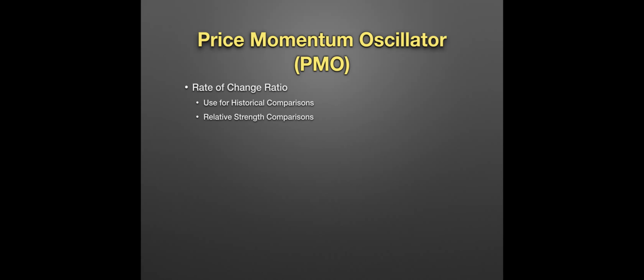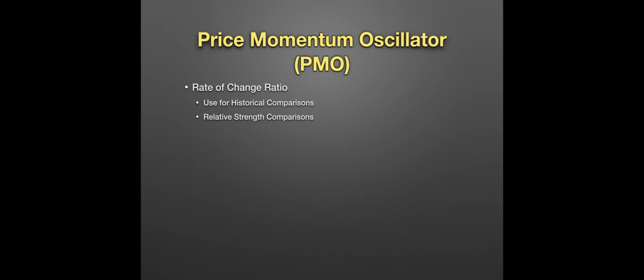One of the other things that you can do with the PMO is relative strength comparisons. And you can't do this with the MACD. You can look at a PMO value and compare it to the PMO value of another index, stock, or ETF, and it'll tell you which one is stronger than the other, just the fact that it has a higher PMO reading than the other one.